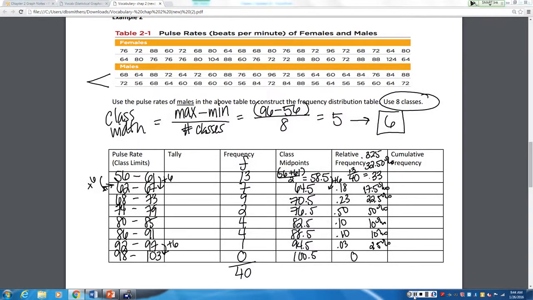All right. Cumulative. You start off with what number? The 13, right? I start off with my frequency number. And then what do I do for the next one? You add the next two together. So 13 plus 7 gives me what? 20. Great.